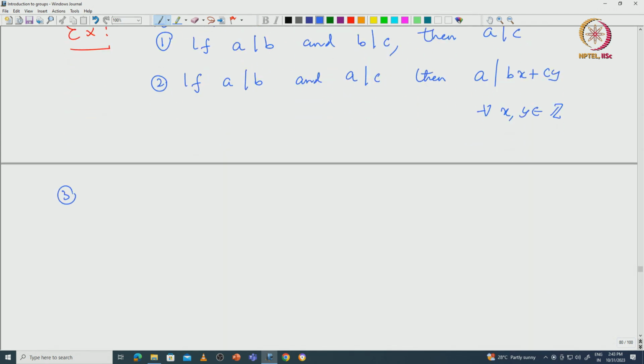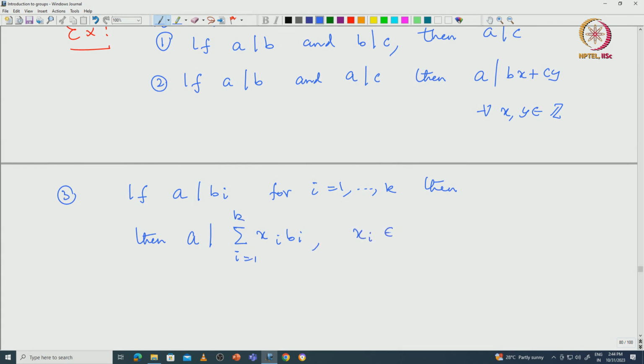So as a third: if a divides b_i for i equal to 1 to k, then a divides the summation of x_i b_i for all x_i in Z, for i equal to 1 to k.